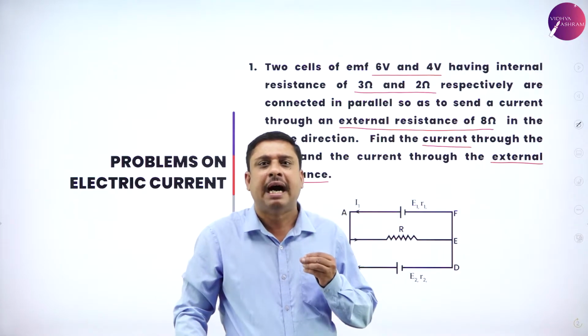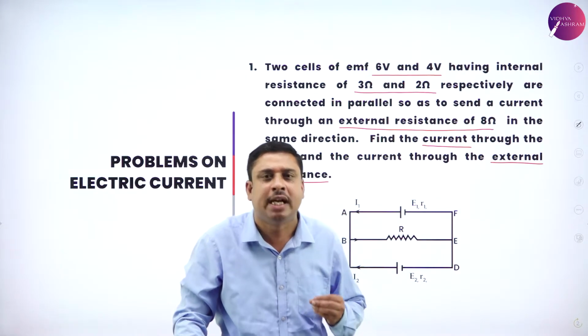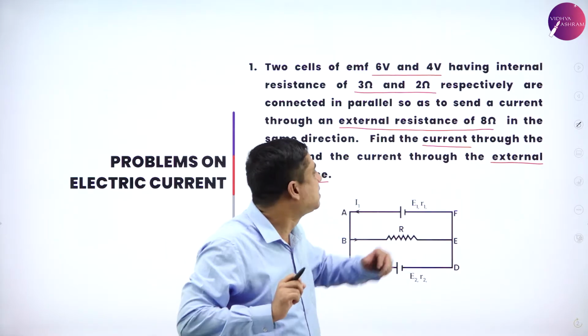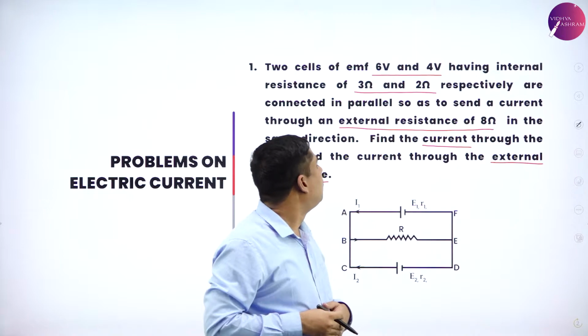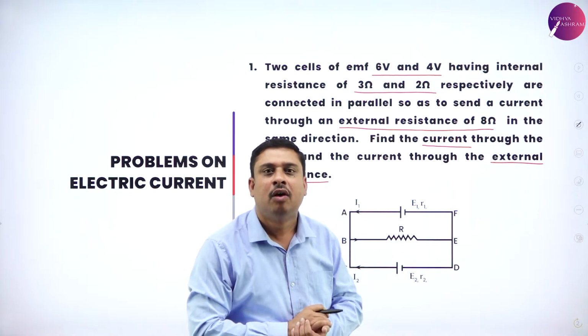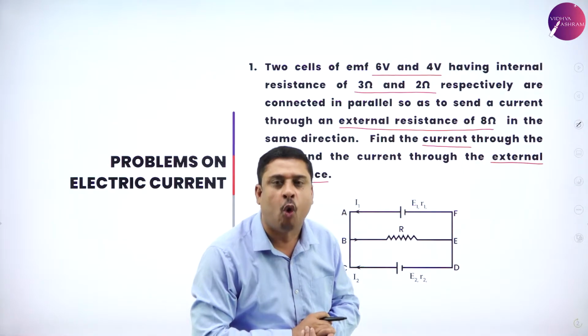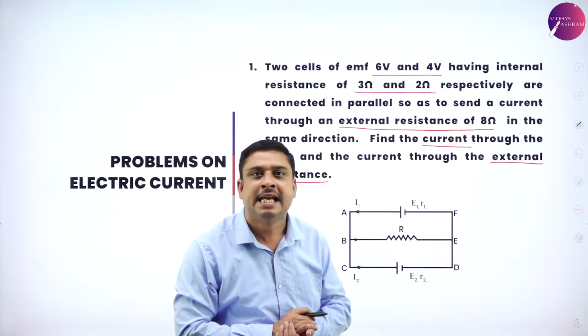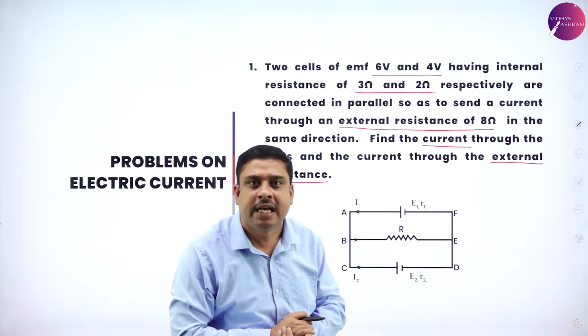Here to understand, students, there are 2 cells which have an EMF of 6 volts and 4 volts respectively.